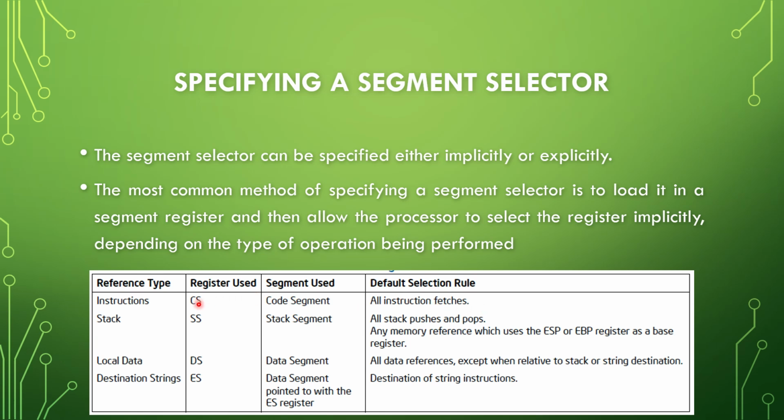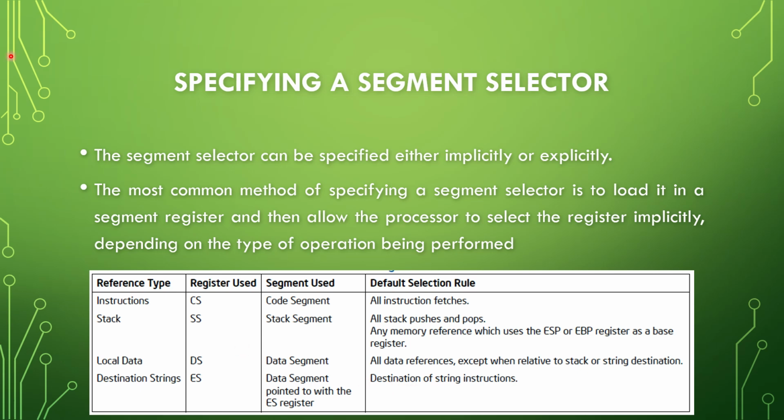While using the stack segment register, all stack pushes and pops are performed, and any memory reference which uses the ESP or EBP register as the base register. For the DS data segment, all data references except when relative to stack or string destination. And the destination string is the ES, used for the destination of string instructions.